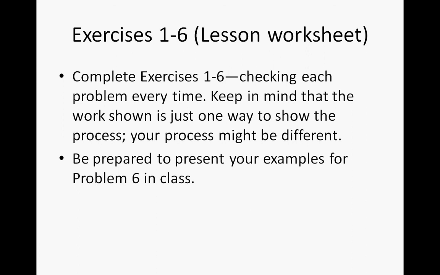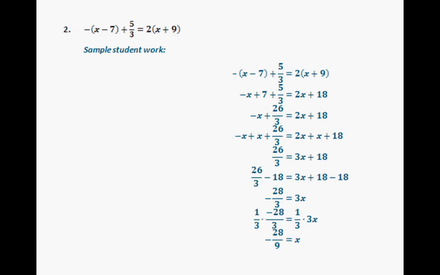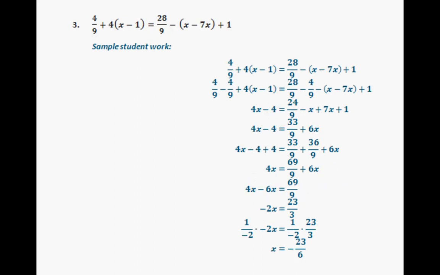All right, if you have done example 1, here is sample work, and the answer is 17/4 is the solution. For number 2, the answer to this would be -28/9. For number 3, the solution is -23/6.